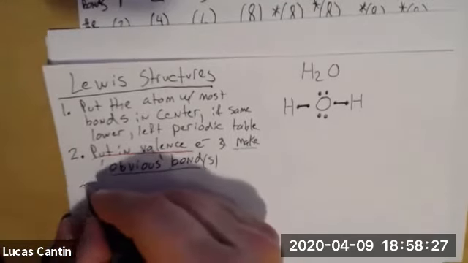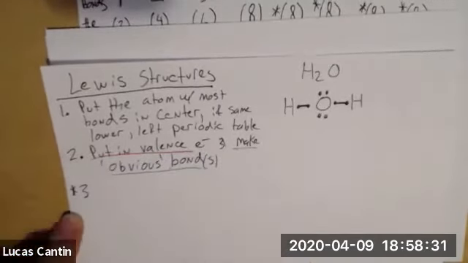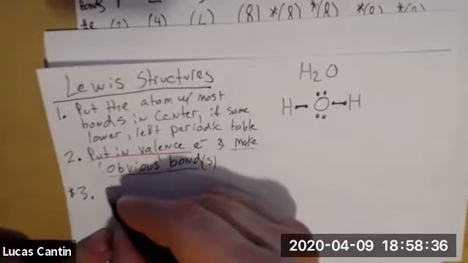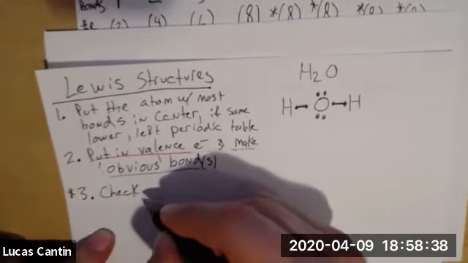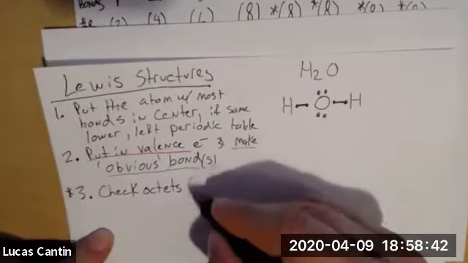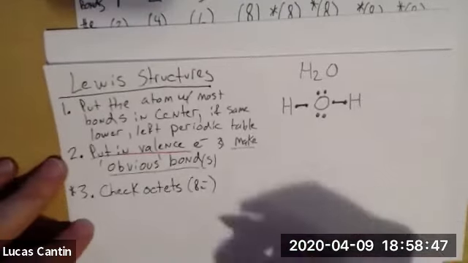All right, so step 3 is actually a key step. So I put a star on it. For step 3, you want to check octets. And that usually means 8 electrons. There are some exceptions to this.